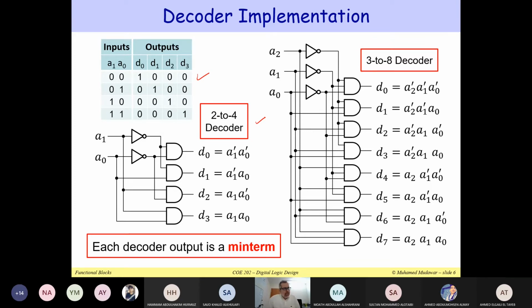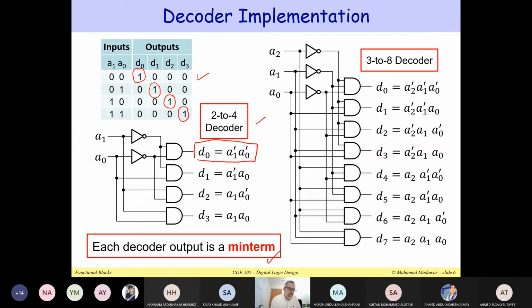Now the decoder can be implemented easily using gates. Notice that each output of a decoder is a minterm, and I can write an expression for each output. So D0 will be A1 prime A0 prime.